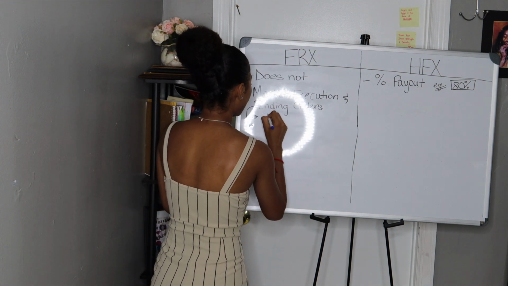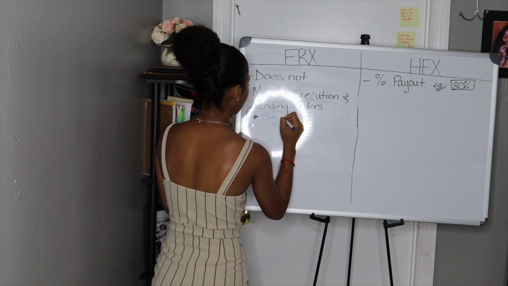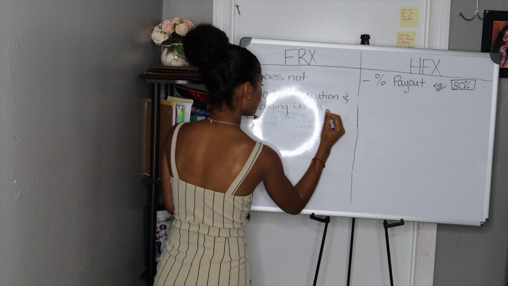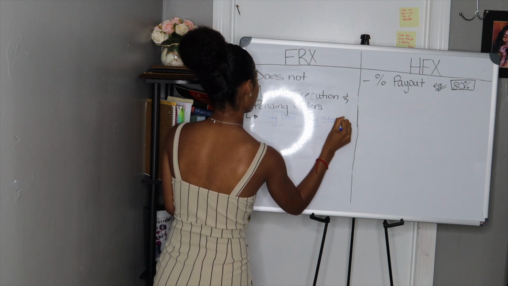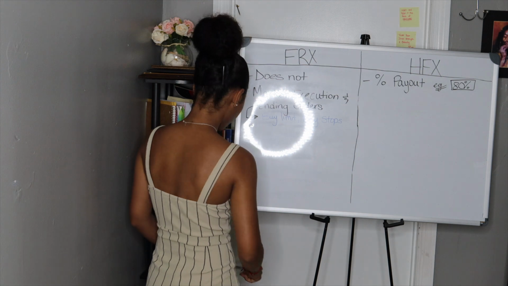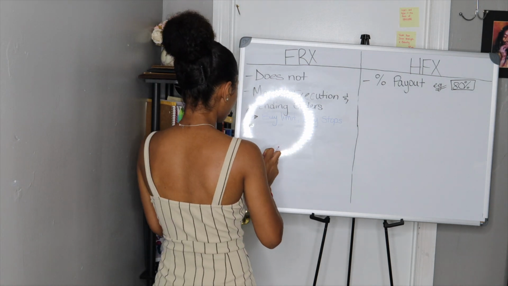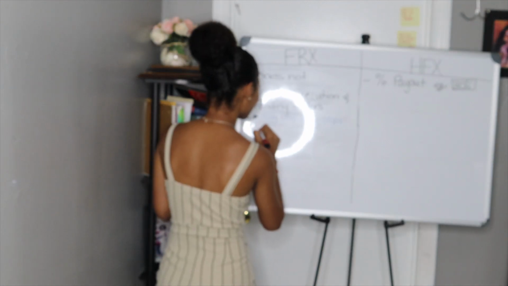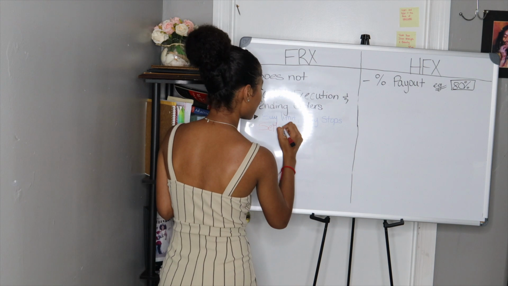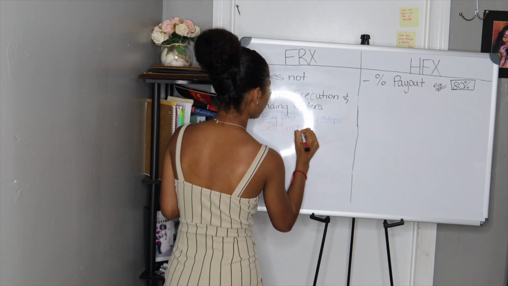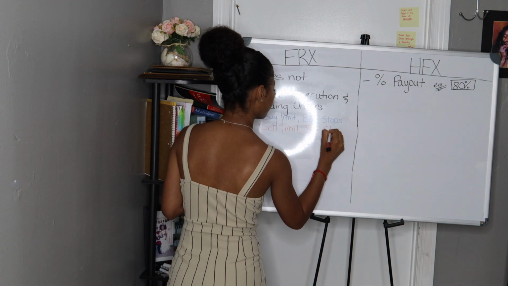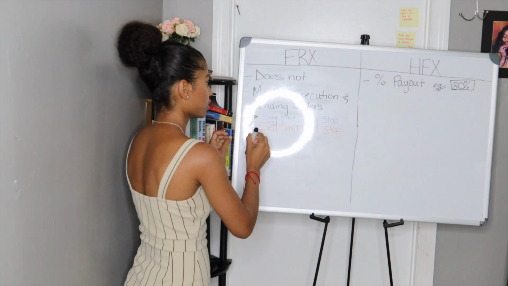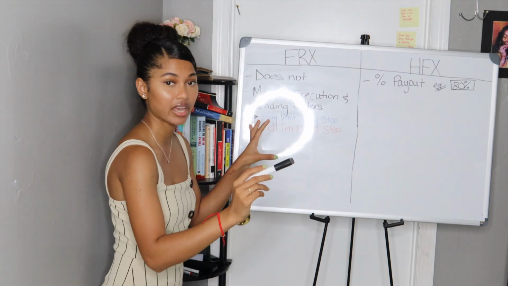You have buy limits, buy stops, and of course it's me being extra changing the colors, but who would I be if I'm not extra? And then you have sell limit, sorry, and then sell stop. HFX does not have market executions or pending orders. HFX doesn't have any of that.